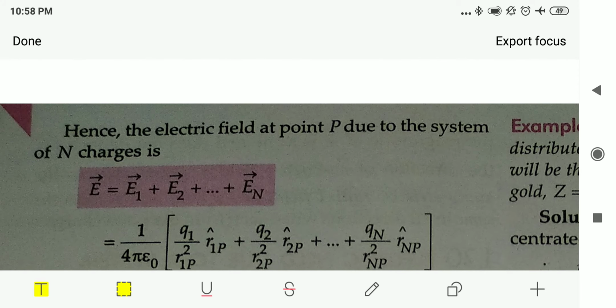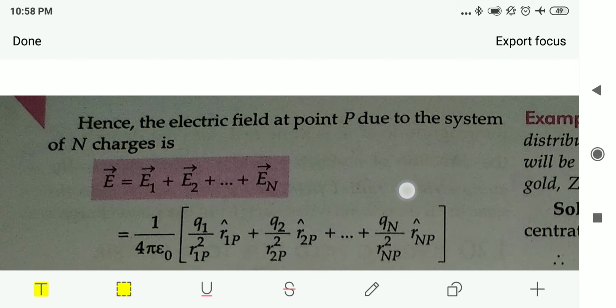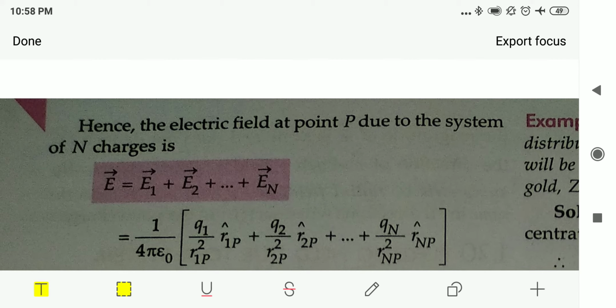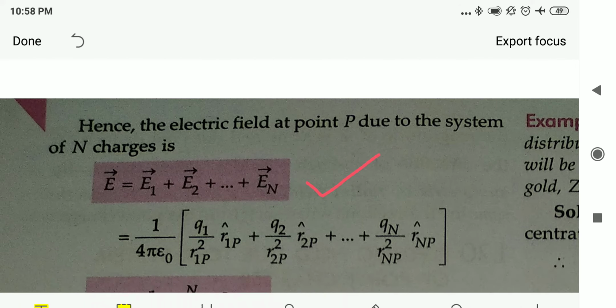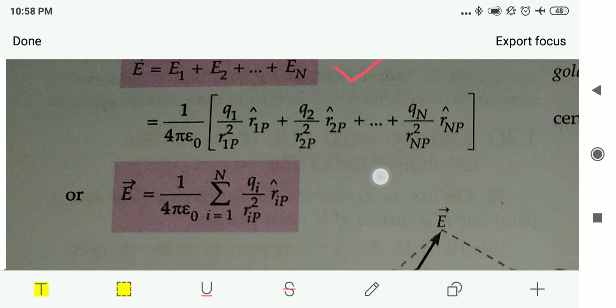So the electric field at point P due to a system of n charges will be E equal to E1 plus E2 up to so on En. We put the value of E1 and E2. So 1 by 4 pi epsilon naught becomes common, then q1 upon r square 1P and unit vector r1P, then q2 upon r square 2P and unit vector r2P, like this.